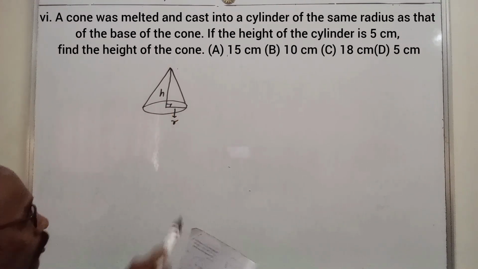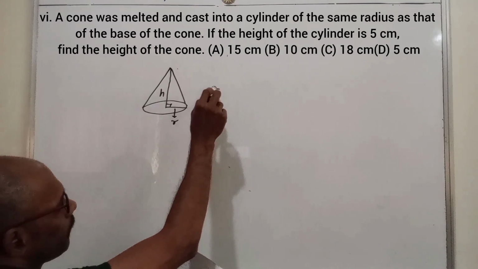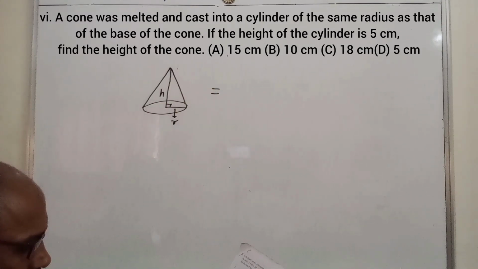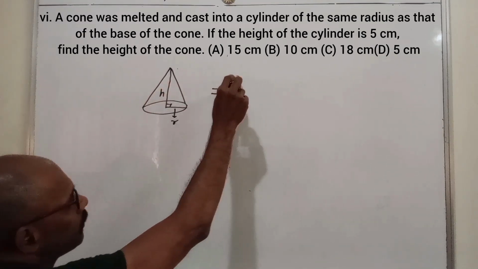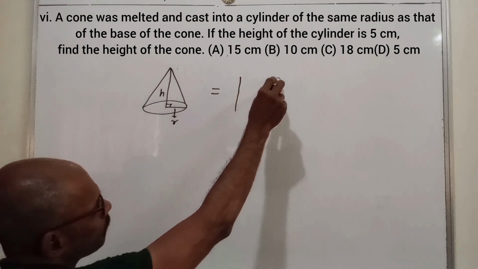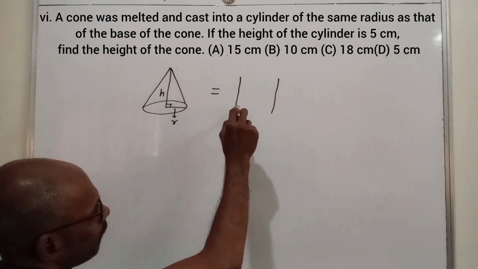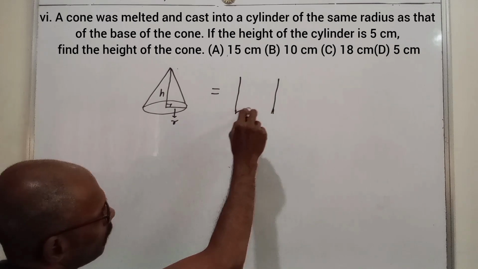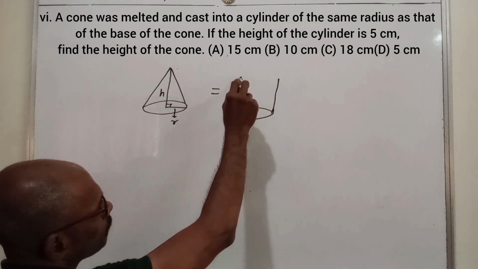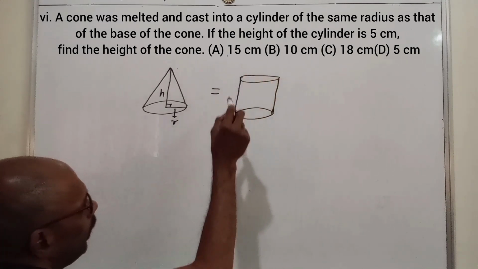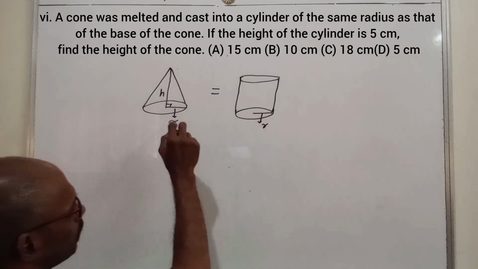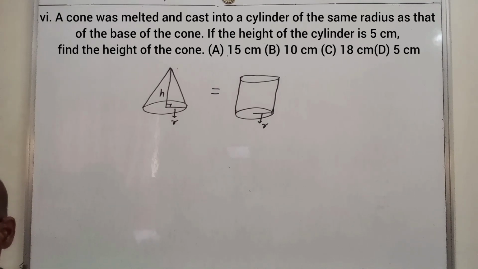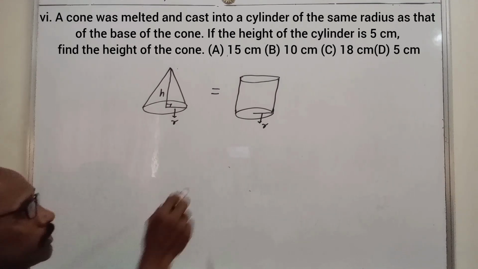In this cone, the cone was melted and cast into a cylinder, means with the help of this cone, cylinder that is casted, and radius of this is equal to the radius of cone.